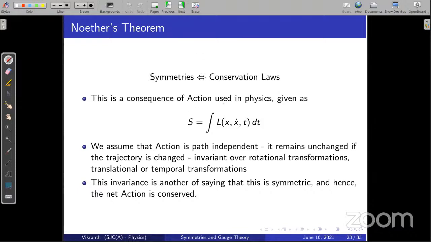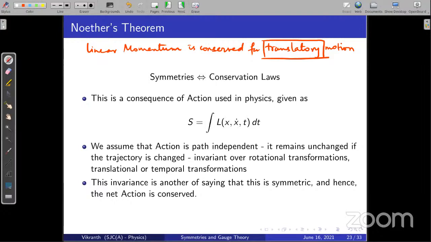If you've studied basic classical mechanics, you would have realized that linear momentum is conserved for translatory motion, right? So translatory motion here, or translation for short, is the kind of symmetry that we're talking about.